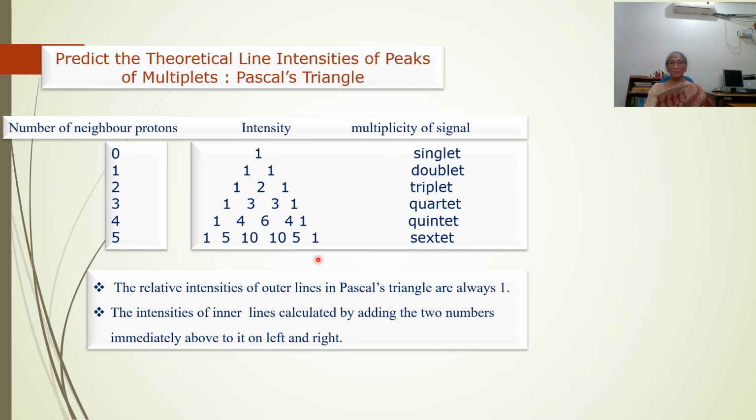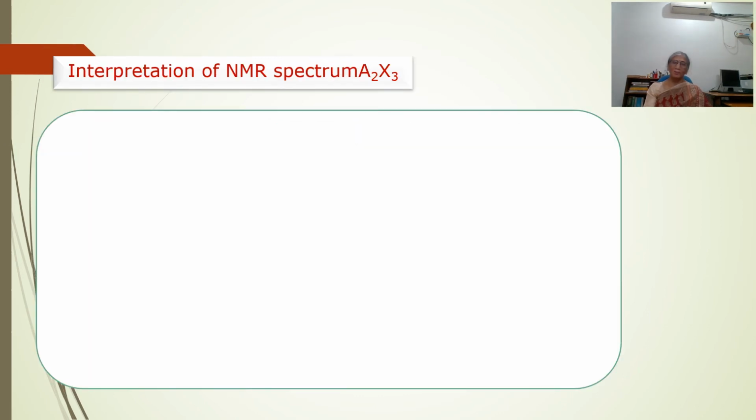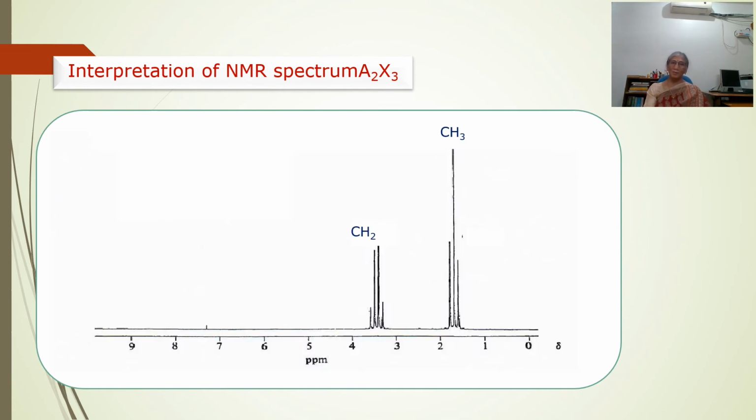Presence of an ethyl group can be predicted from the NMR spectrum. Look at this spectrum, and there is a combination of a quartet and a triplet. This is the quartet and this is the triplet. The triplet shows the presence of 2 neighboring protons and the quartet shows the presence of 3 neighboring protons.